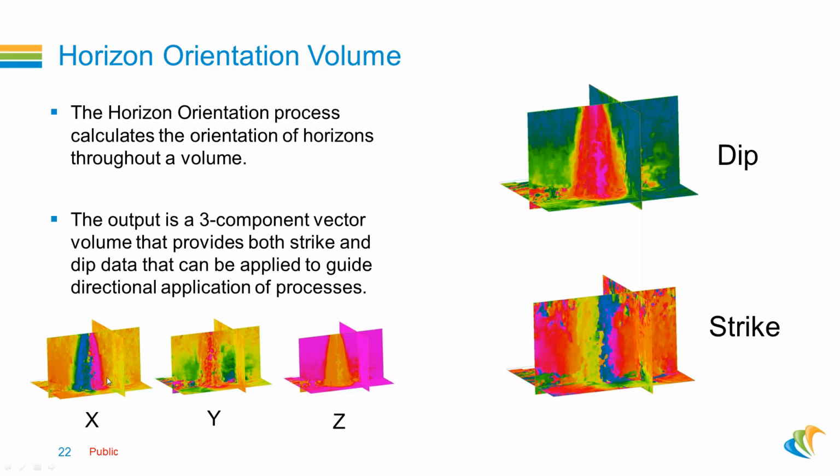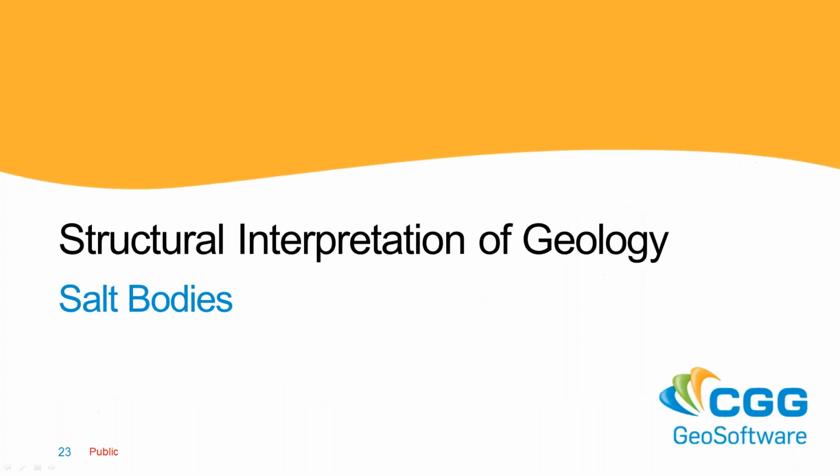This is selecting the display in the X direction, Y direction, and Z direction. You can see how different it is. It's the same volume, and we can extract different orientations from that. And even better, we can apply one operation on it and split this horizon orientation into a dip volume and a strike volume. It's just playing with different attributes.